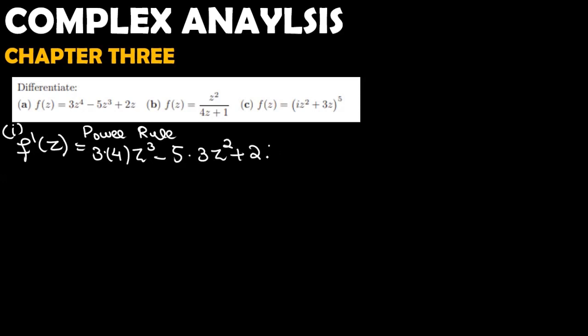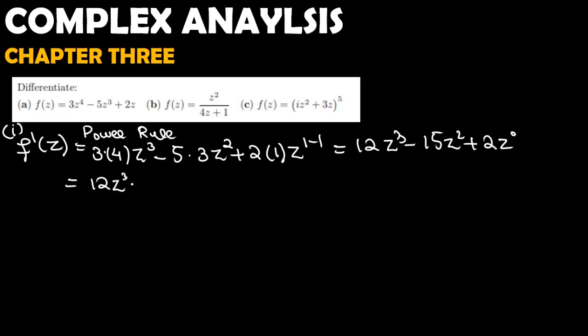Plus 2z, subtracting 1 from the power of z. So now we get 12 z cube minus 15 z square plus 2 z to the power 0. As you know, any number to the power 0 is equal to 1. So this is the derivative of our function f of z. Now let us solve the second part.